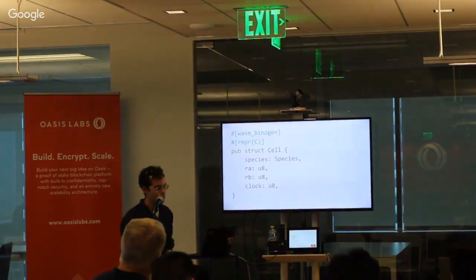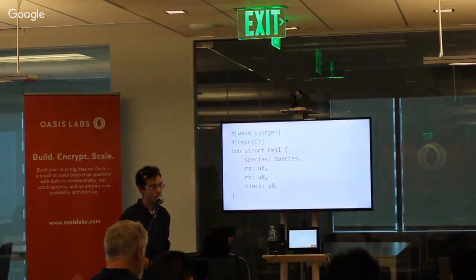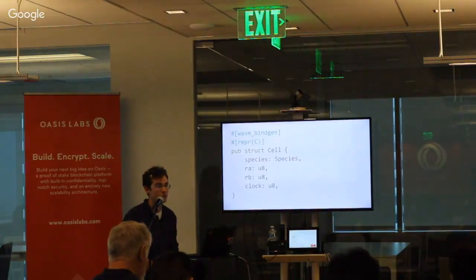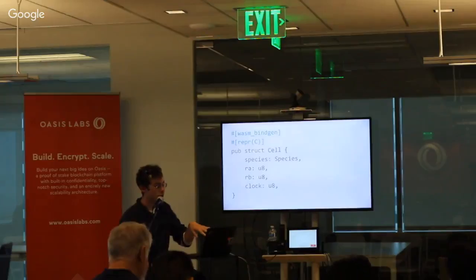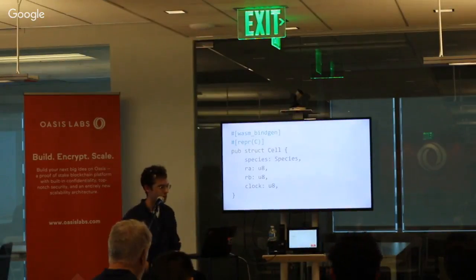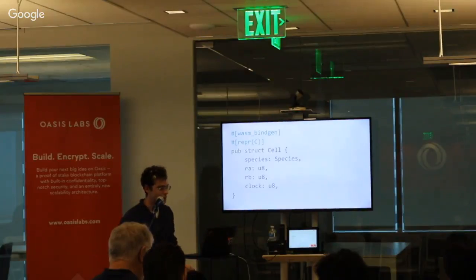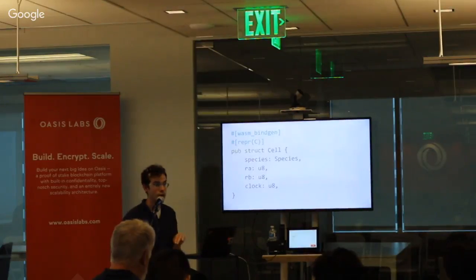And clock is not that important. It's used for some bookkeeping to make sure that the element doesn't get simulated multiple times as it's moving around and breaks in the scan line, but it doesn't really matter. One more thing to note about this data structure is that this is Rust code, and I've got some, I don't know what they're called, decorators or annotations on this data structure. wasm_bindgen means take this data structure and export it to be visible to JavaScript.